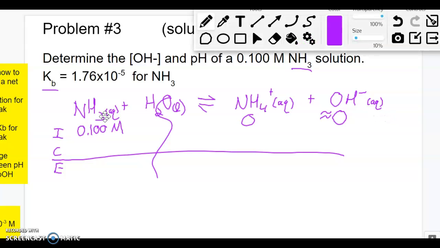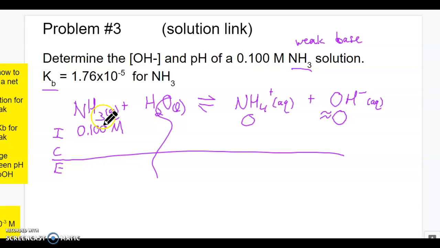And then our change, because we're going to end up making products, we have minus x, and it's only 1x because the coefficient is 1, plus x, plus x. And at equilibrium, we will have a concentration of 0.100 minus x, x, and x.